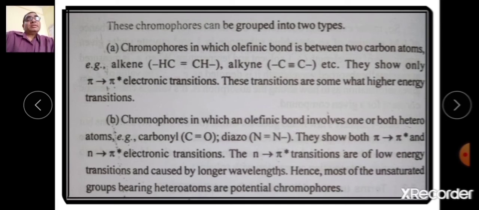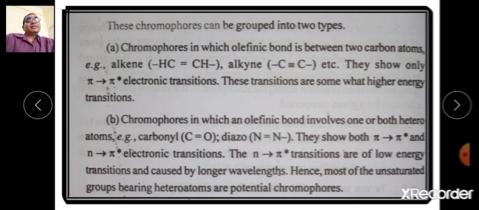Number one is chromophores in which the olefinic bond is between two carbon atoms, for example alkene, C double bond C, and alkyne, C triple bond C. They show only pi to pi star, only pi electrons, and therefore pi to pi star electronic transition. Of course, these transitions are higher energy transitions.